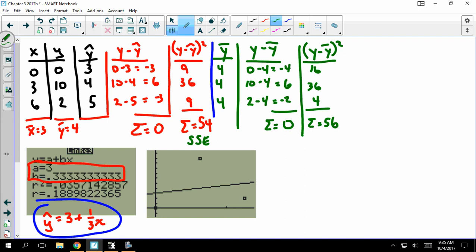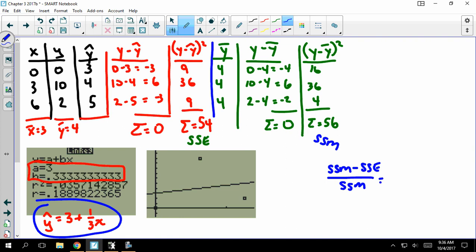And we see it's a little bit worse than using the equation, because that 56 is a little bit bigger than 54. I'm going to call this the sum of the squares of the differences from the mean, SSM.